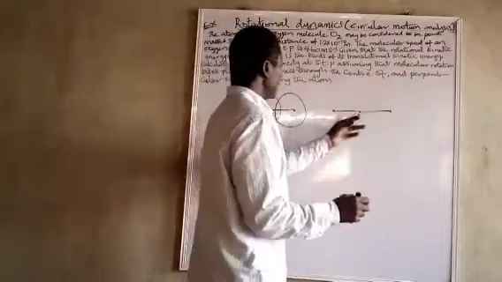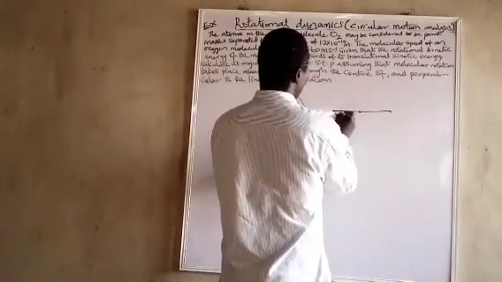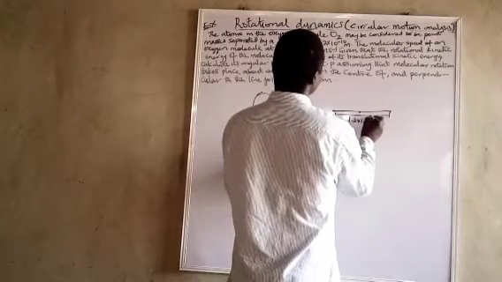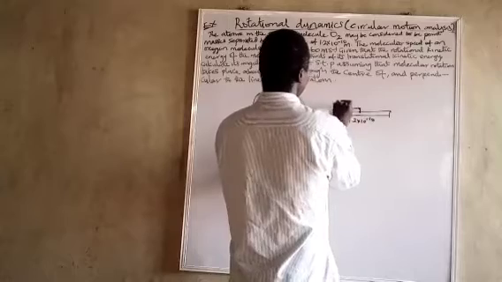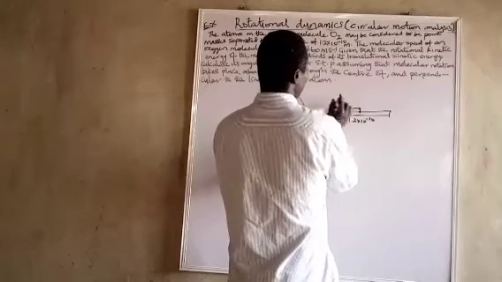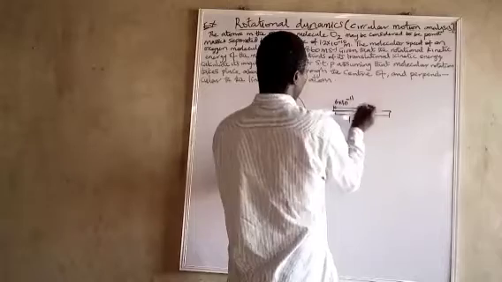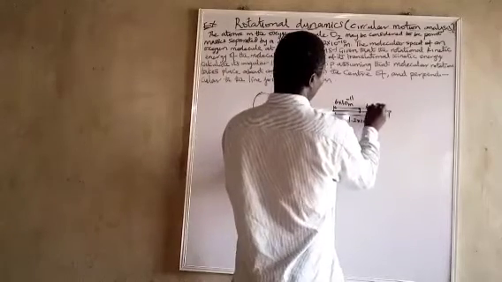So from here to here is 1.2 times 10 raised to the power minus 10. It means from here to here, the center will be 6 times 10 raised to the power minus 11 meters. And same here.